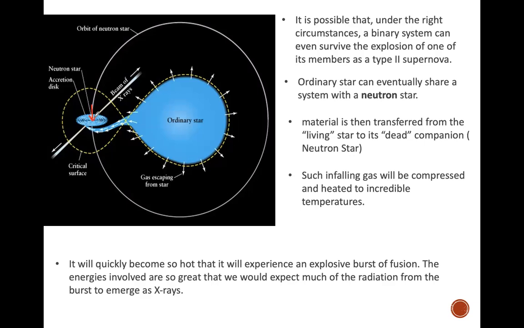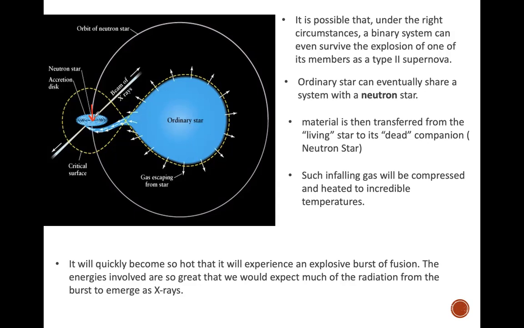And there is an ordinary star nearby. This is not a common situation, because the neutron star usually comes as a result of a type 2 supernova explosion, right? Because of that, it is not always that you have a nearby star after that, but there are situations where you may have something like this, an ordinary star nearby.